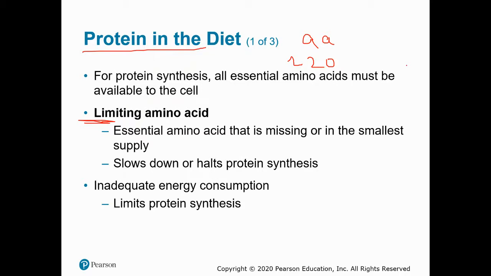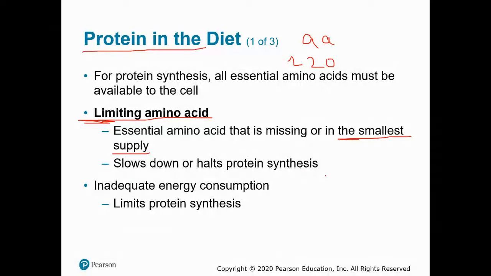So we need all of them in specific proportions to one another so that we would be able to build any of the proteins in our body that we might need at any given time. Whatever amino acid is in the smallest supply from the diet, we call that the limiting amino acid. That limiting amino acid is going to slow down the process of protein synthesis.